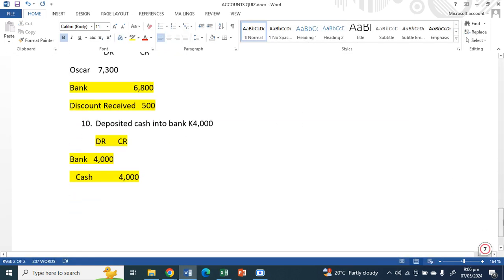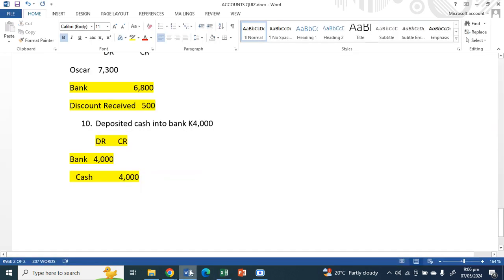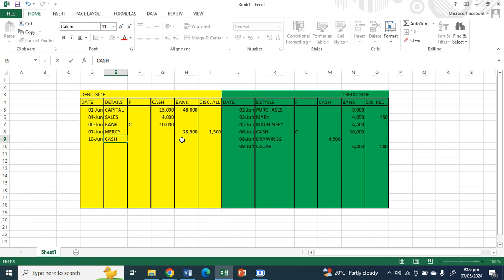And finally, we've got another contra entry where we're depositing cash into bank. So this is the 10th of June. Here we have cash. How much was it? We're debiting 4,000. Debiting bank 4,000.